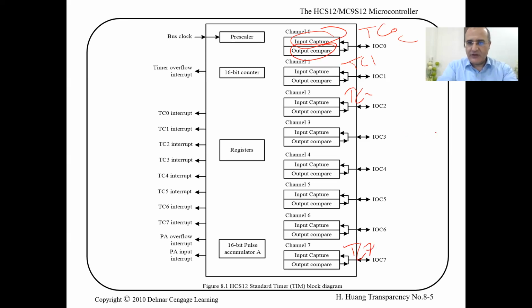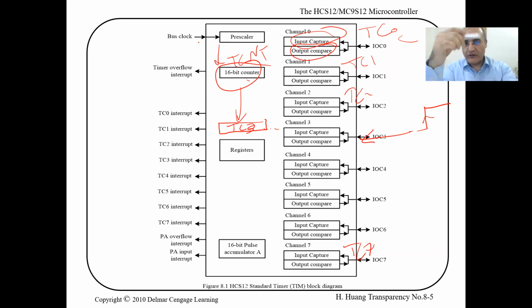Anytime a rising edge arrives, if you configured this as an input capture, the value in this TCNT counter will be copied to the register associated with this one, called the capture or compare register, TC3 in this case. Of course, this is being triggered through a clock, in a frequency that we set up as we saw last time.